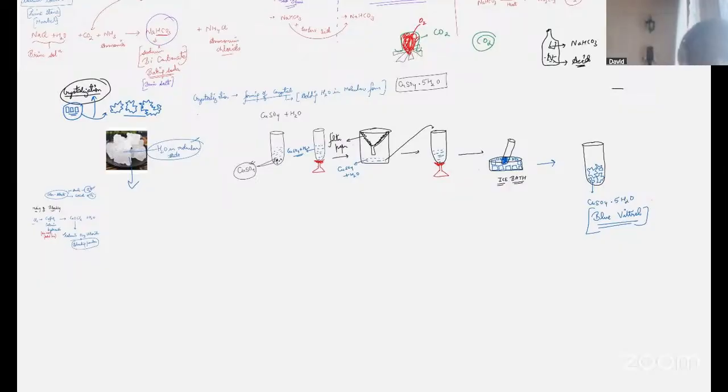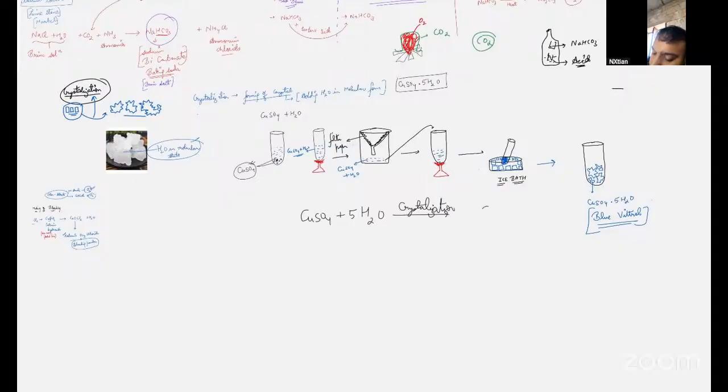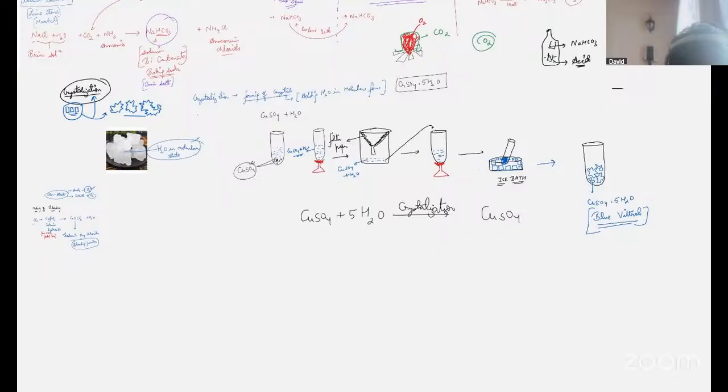And what's the 5 H2O? 5 H2O means the H2O is added into the molecular form to get this crystal. If I write the final reaction, it is CuSO4 plus 5 H2O, and after the process of crystallization it becomes CuSO4 dot 5 H2O.